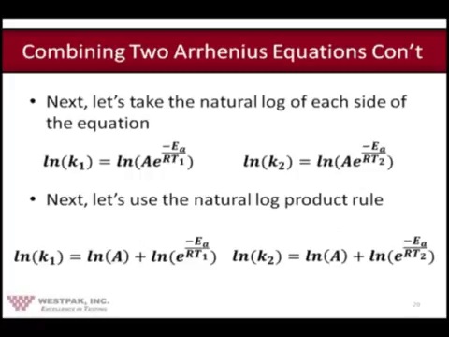So what you have is the log of K1 equal to the log of A plus the log of e to that power, and the same thing with K2. Whereas before you had the log of the multiplication of that factor times e to the activation energy factor. So all we've done is apply the natural log product rule. It looks complicated, but that's exactly what happens. I know that it works because it worked a long time ago and it still does.